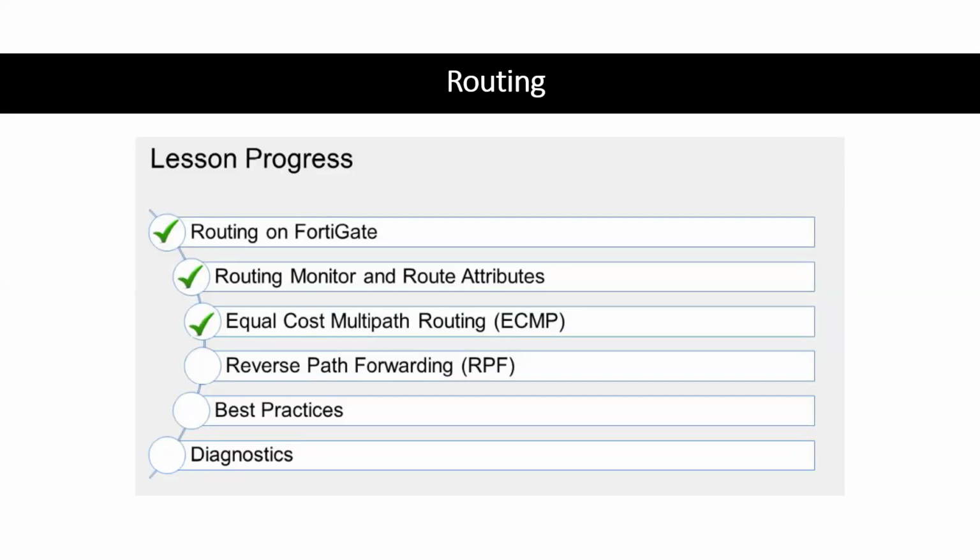Sure. So I'll do the question 2. How does the FortiGate load balance traffic when using the spillover method in ECMP routing? Is it A, sessions are distributed based on interface threshold, or is it B, sessions are distributed based on route weight? It's B, route weight.